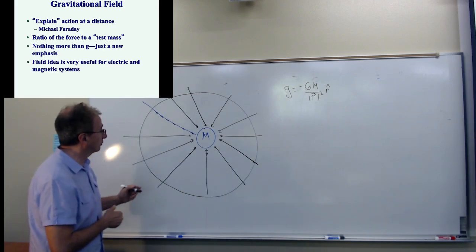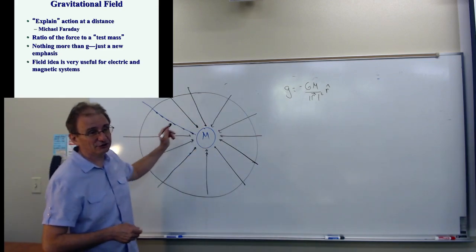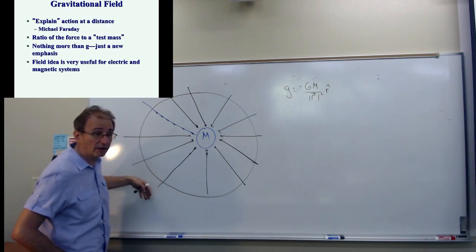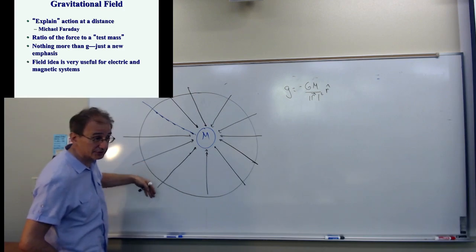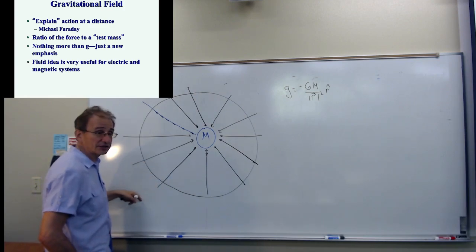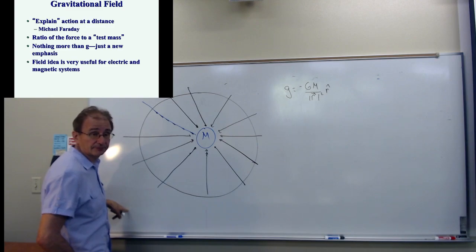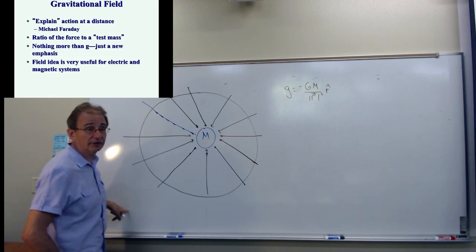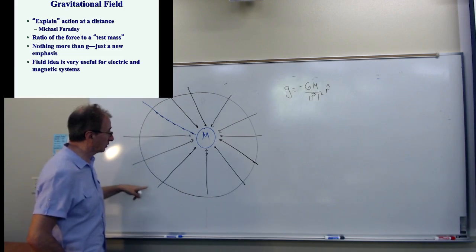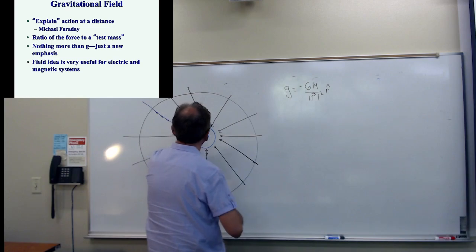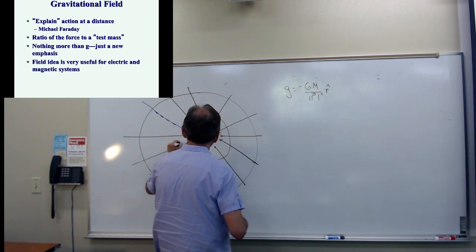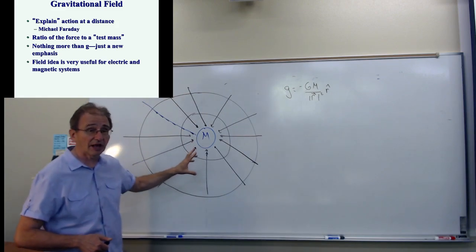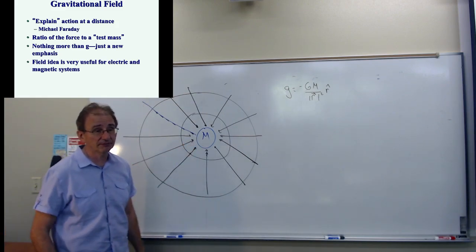So I draw this imaginary sphere, in 3 dimensions. The number of lines penetrating per unit area perpendicularly through the surface decreases as you go further out. And that's indicative of the strength of the gravitational field. If I draw another sphere closer in, the density of lines going through this surface is different, but the total number of lines going through each one is the same.